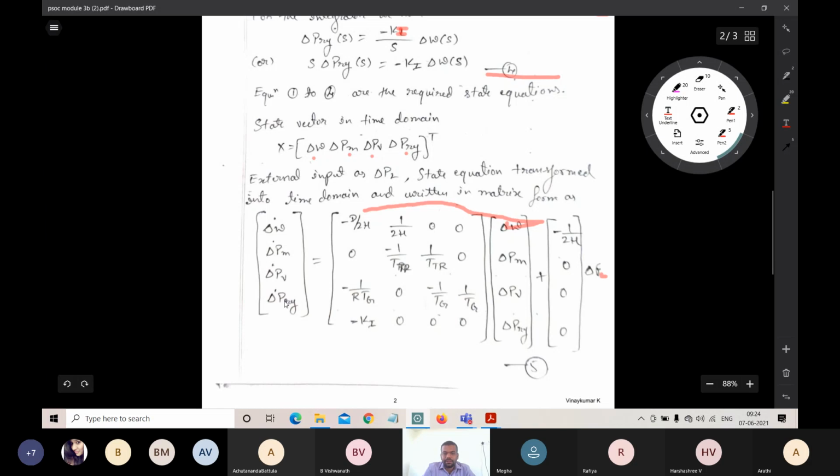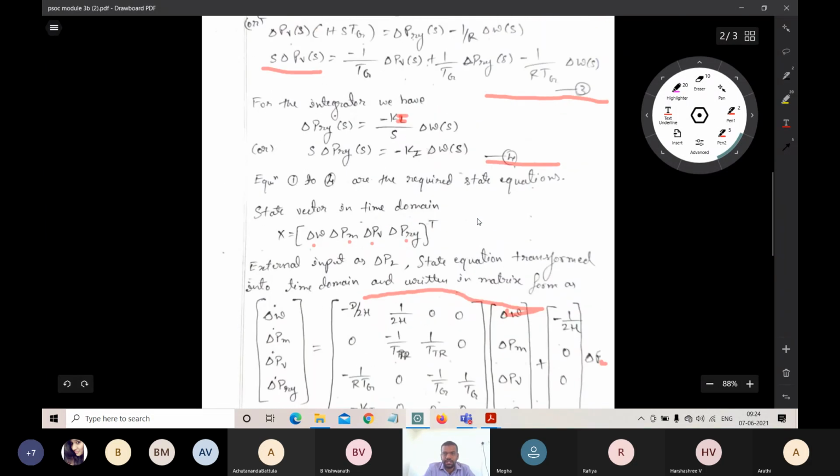Similarly for delta pv, equation 3. Delta omega here is minus 1 by rtg. Delta pm is not there, so 0.